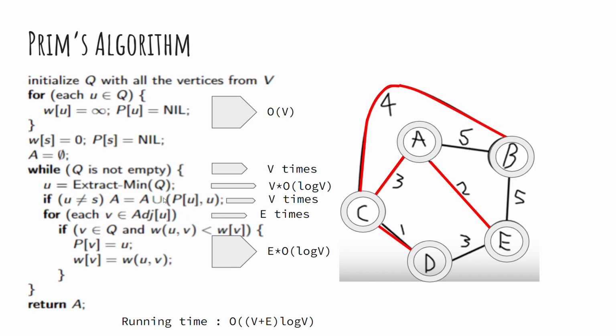And then we have a for loop which checks all the vertices which are adjacent to U, and then it will update if they are at a distance less than the currently seen distance.